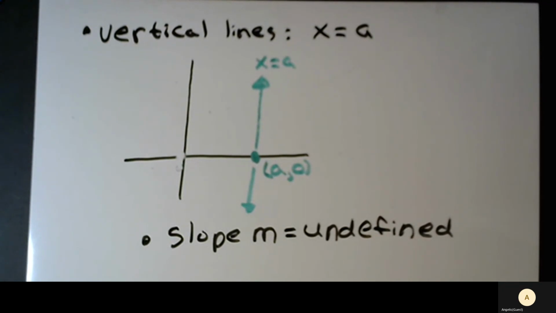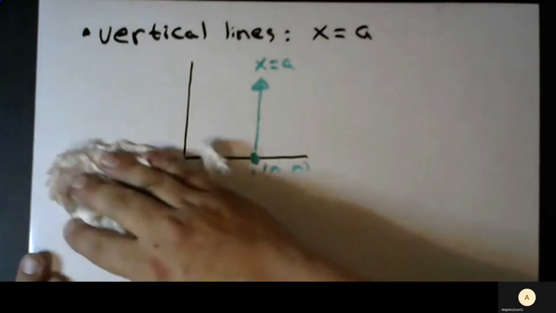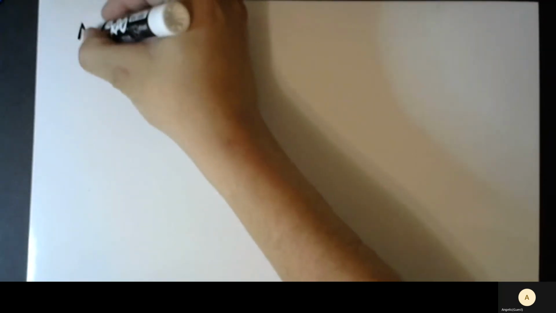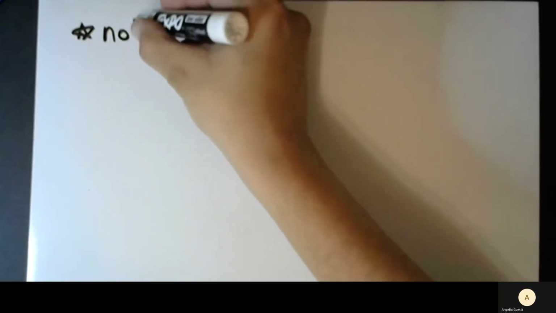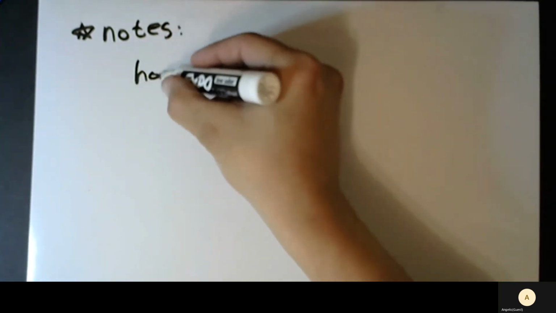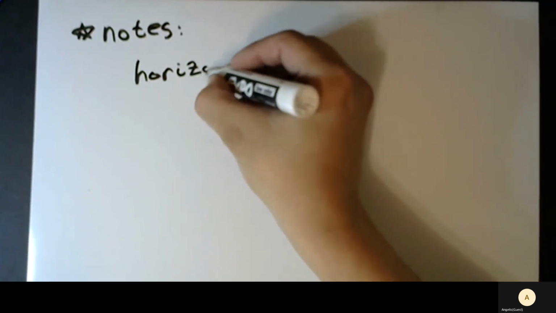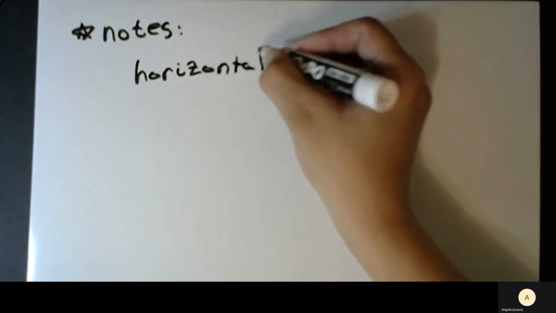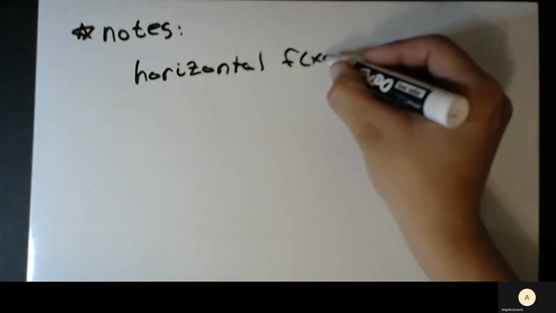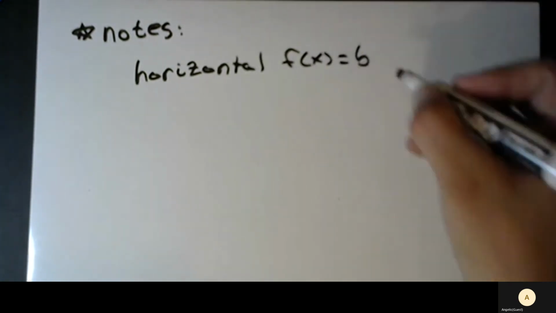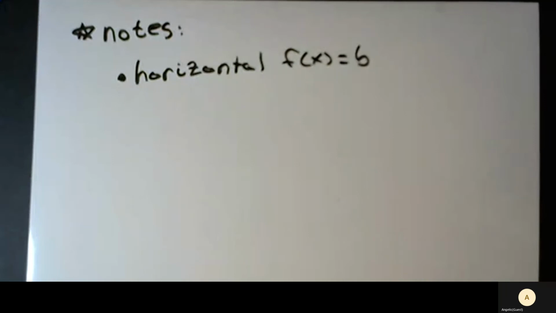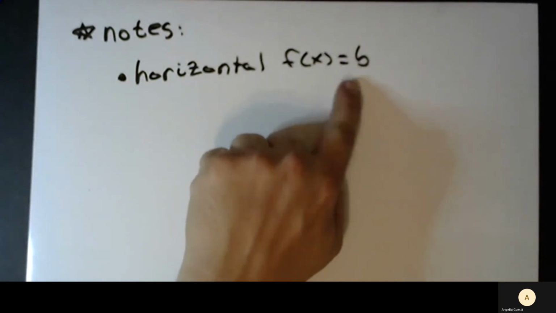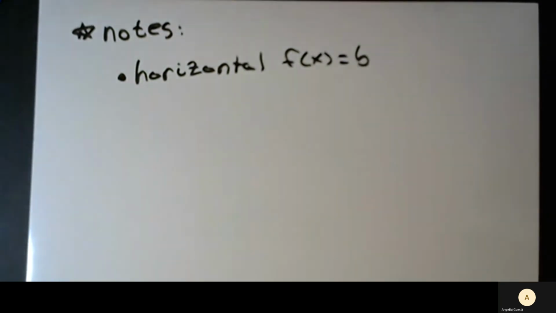So just a couple of fun facts about these horizontal and vertical lines. For horizontal lines, let's have some special notes. So you have f of x equals b. All points on this line have a y-coordinate b.